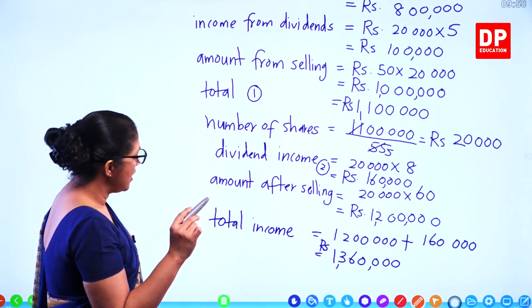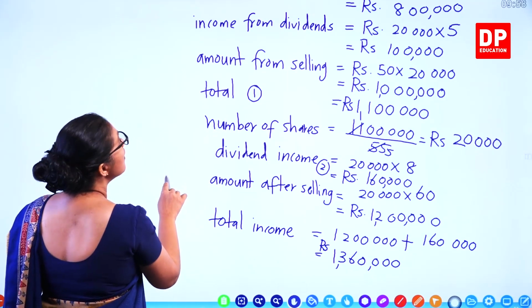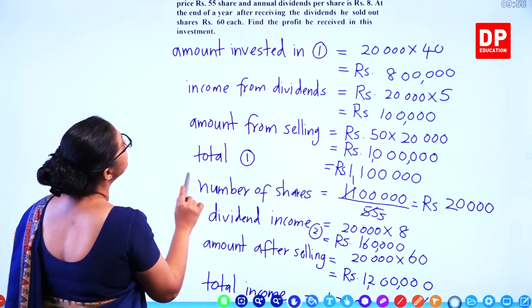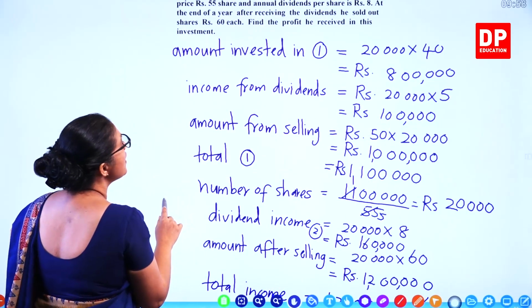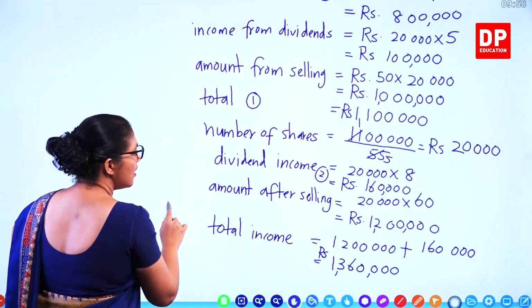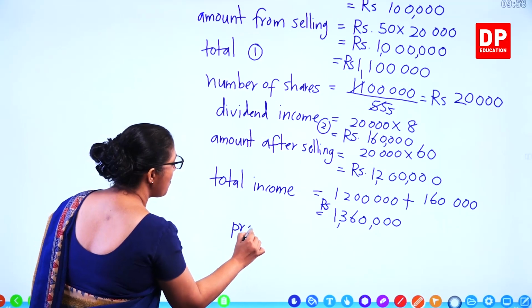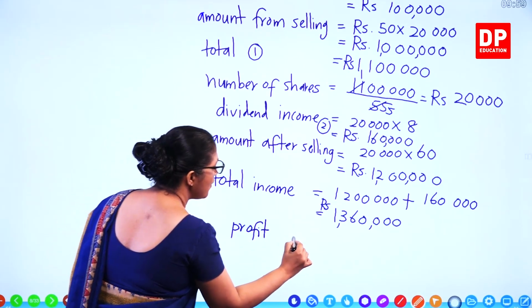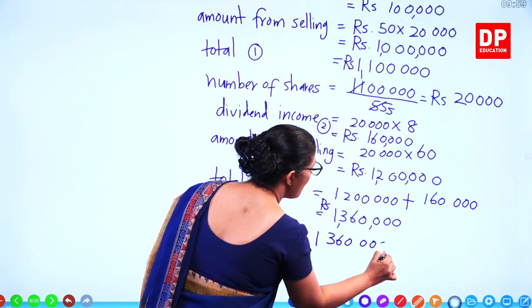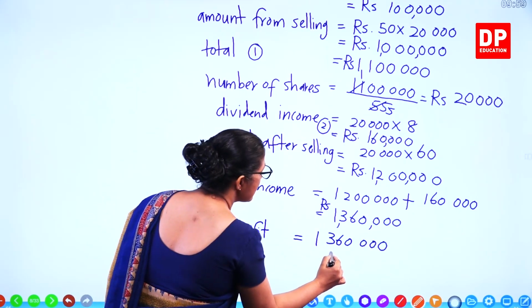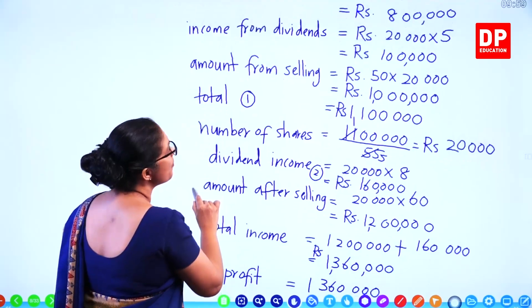So how much did he spend to buy shares? He spent 800,000 rupees. So here you have to subtract that amount to get the profit. So profit is 1,360,000 rupees minus 800,000 rupees.